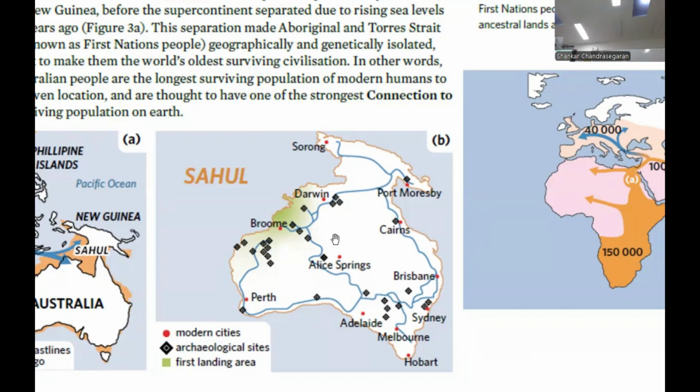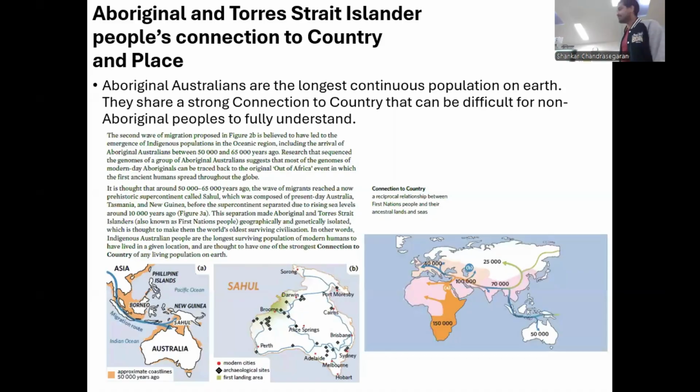What happened was rising sea levels caused the water to rise above those land crossings, and certain parts got flooded. So Tasmania got separated from the mainland, and so did Papua New Guinea. So we became three different islands rather than one huge supercontinent, right?